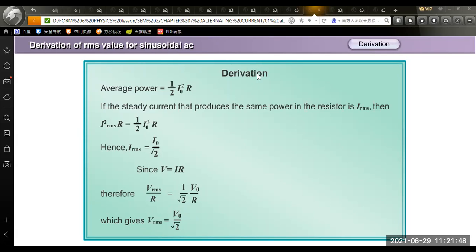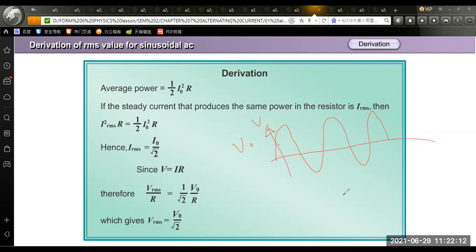This concept is the same as what we learned just now. If this is the alternating voltage, then this will be V naught, the V peak.